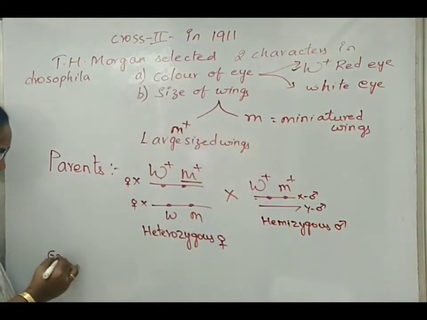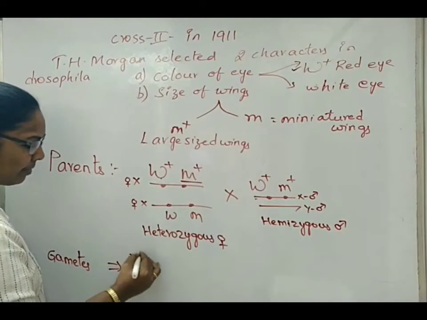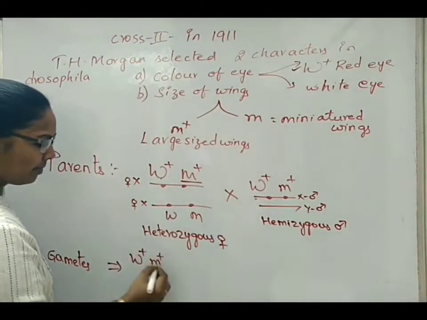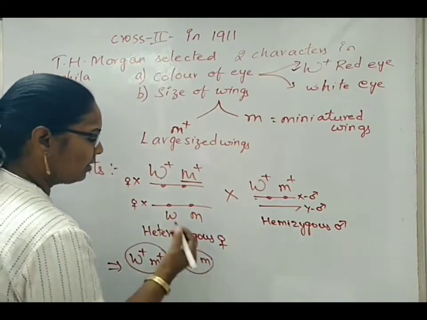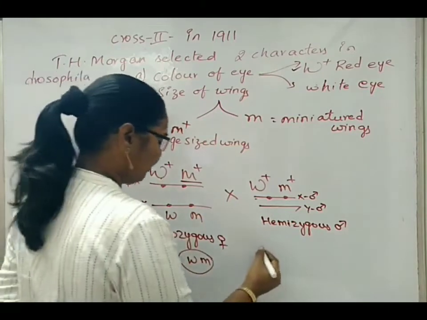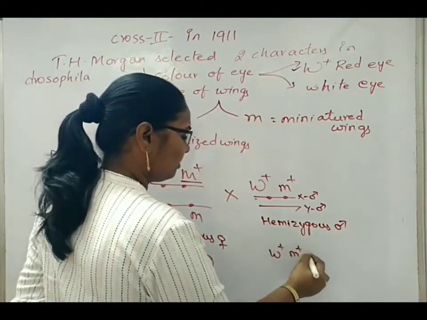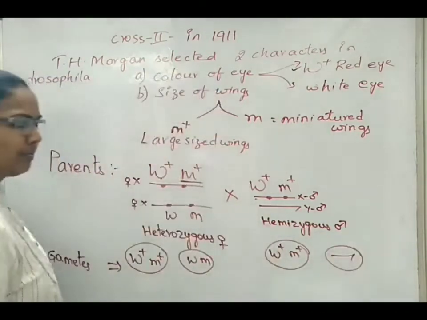If you extract the gametes, it will give this one gamete, another gamete of the X chromosome. Next, X chromosome of female, and this is Y chromosome.